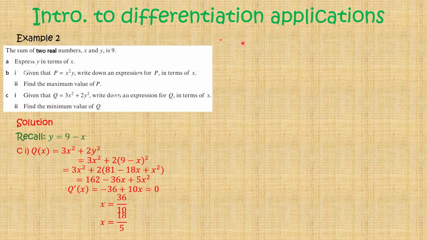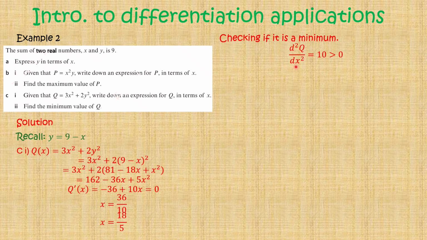Now, checking if this one is a minimum point, because we know that we are meant to find the minimum value of q. So this is the only x-coordinate that we have, 18 over 5. So we're going to differentiate for the second time. But of course, it wasn't necessary for us to do so, but just to be sure.